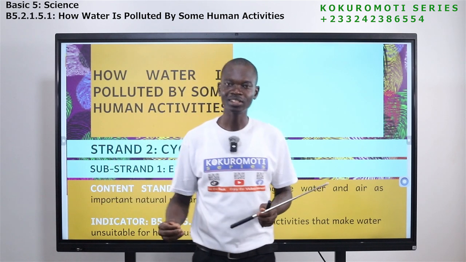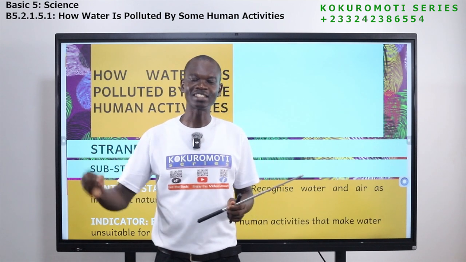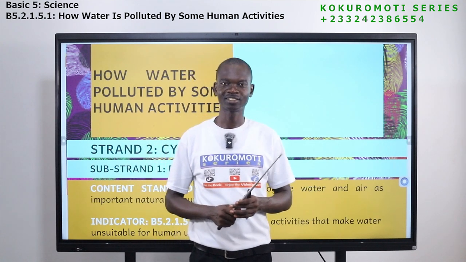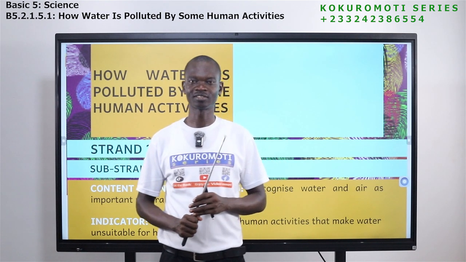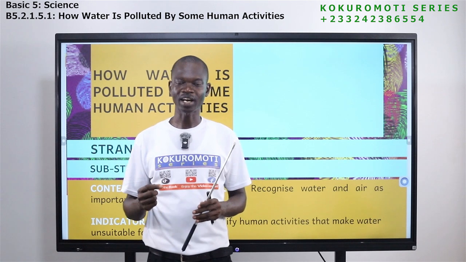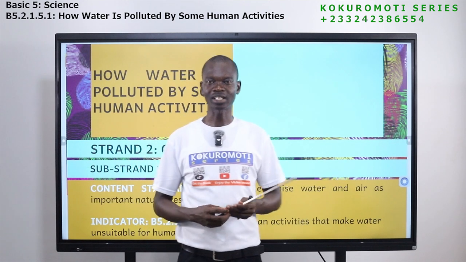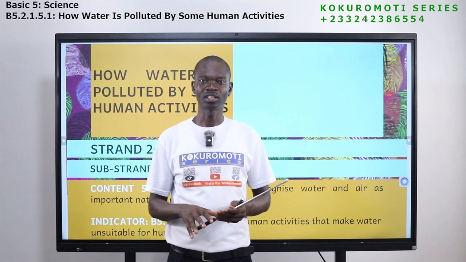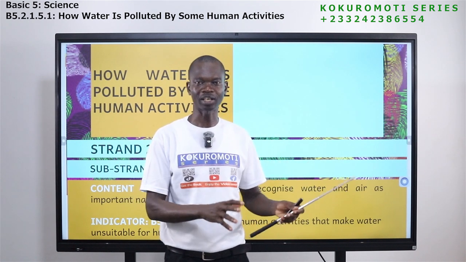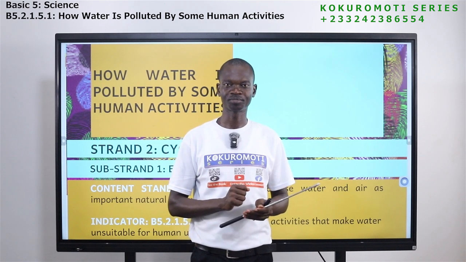If we pollute our water bodies, it means we are doing things that will affect our life on earth. Pay attention. By the end of the lesson, you'll be able to identify some human activities that pollute the water that we use, and you also get to know how best we can prevent these things from happening.